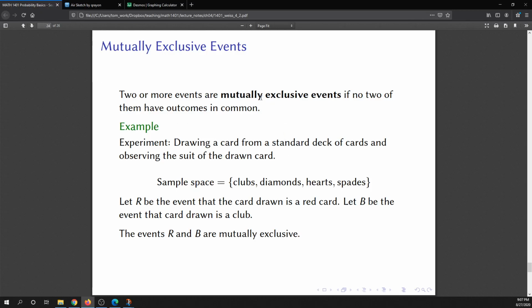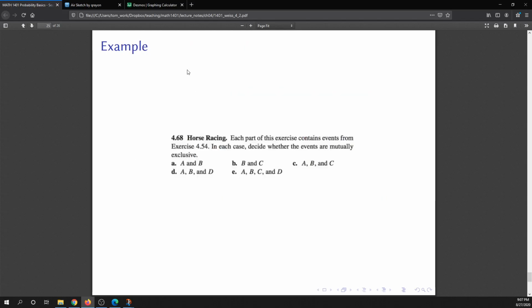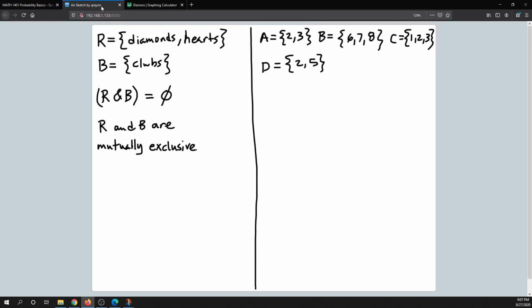If you have more than two events, then you have to look at each pair that you can make of those events. Let's look at an example like that, example 4.68. I already listed out these events, so we didn't have to keep flipping back and forth.